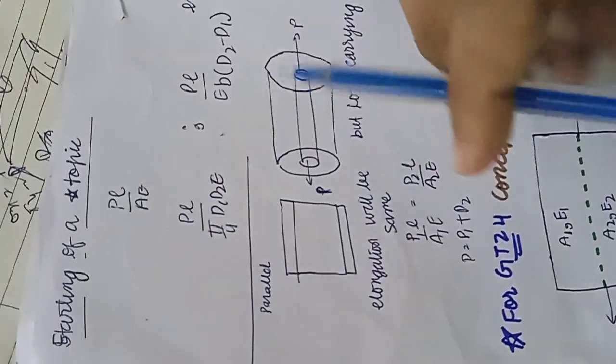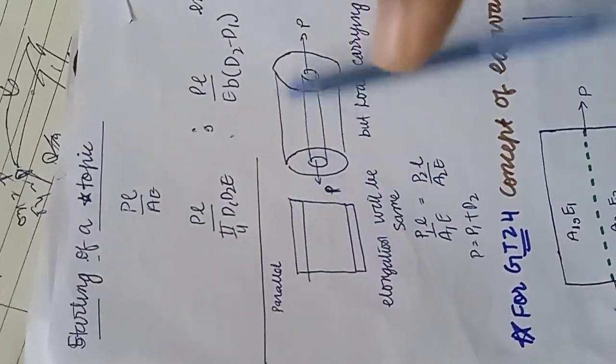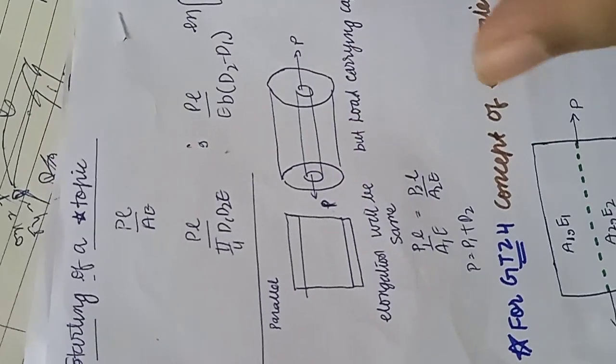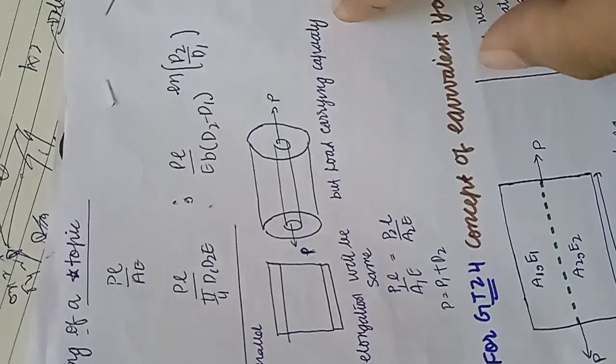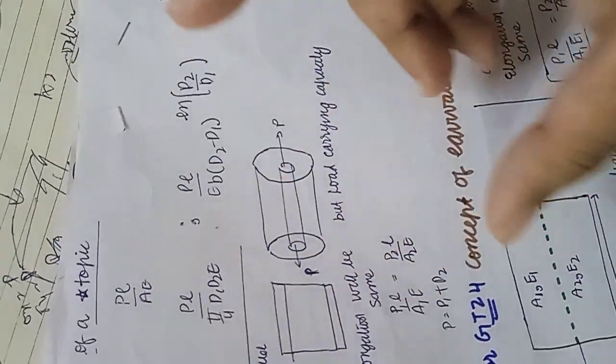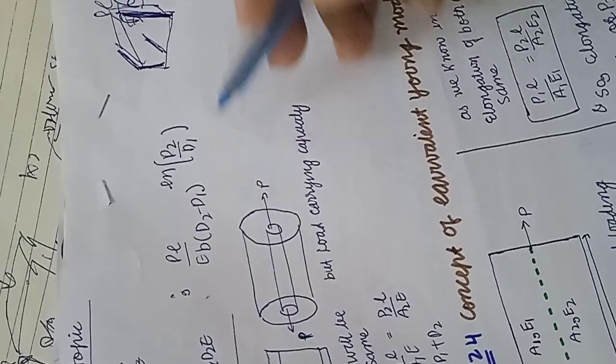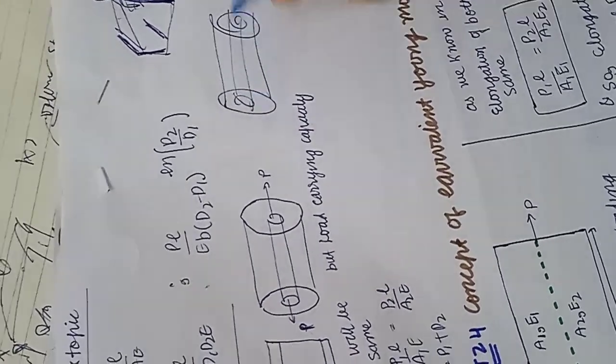Now case 2 is parallel. If two things are parallel, then the load is distributed and the elongation is the same. Elongation will be the same, but the load will be distributed: P is equal to P1 plus P2, but the elongation will be the same. Consider them as individual things, this one and the other one.